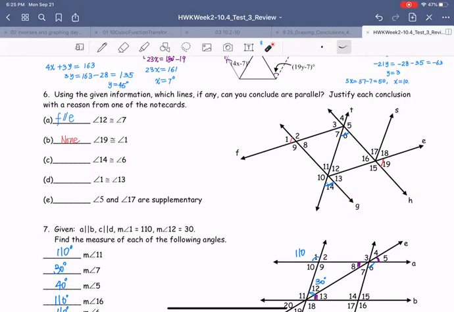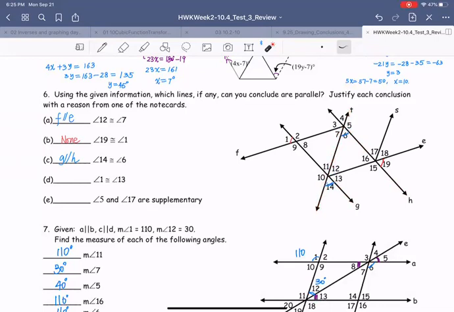Which line is parallel to which line? Line H is parallel to line G. Good job. G is parallel to H because your two lines are G and H, and your transversal is this guy. These two are corresponding angles, right?